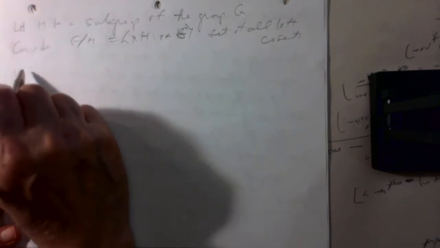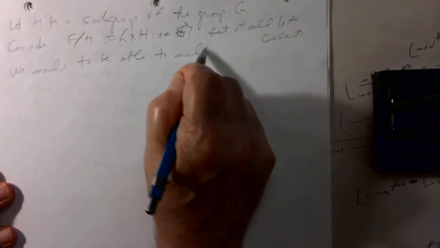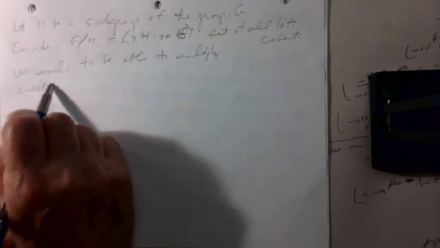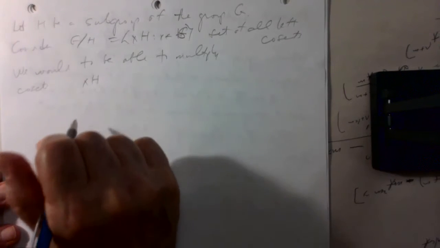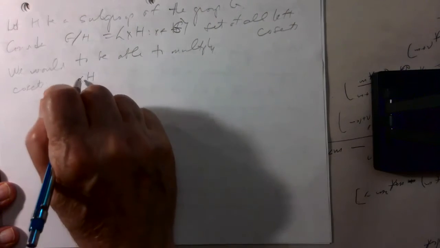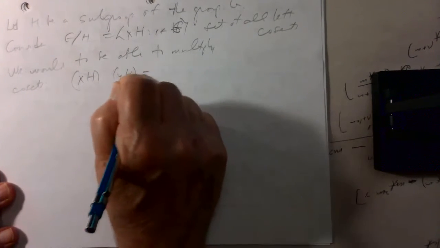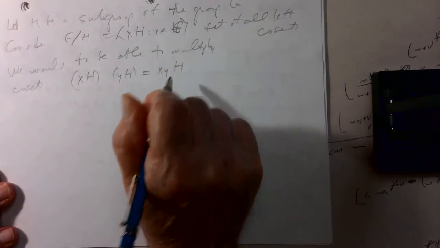So we would like to be able to multiply cosets by the following rule. If you take the coset xH, now I'm writing things multiplicatively because we're proving things about general groups, and the coset yH, I would like the product to be the coset xyH.